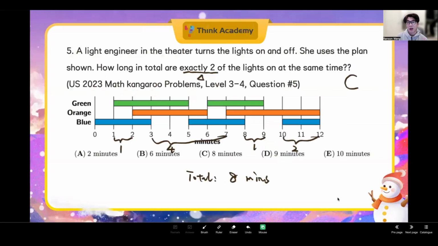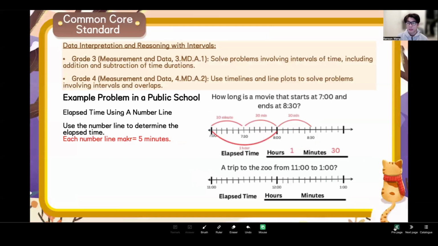Other than measuring the time, you also need to add a requirement to confine it. Under certain circumstances you can count the duration of the time, and if not, you cannot count. So the Math Kangaroo question is a little bit harder than the in-school parts. It's always good to practice.